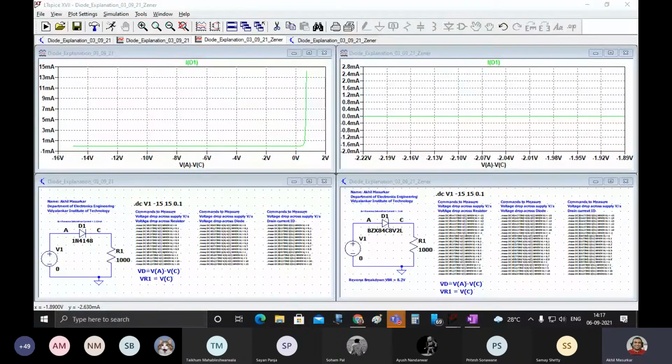Now, the ultimate thing that I want to tell you. Now you can see that there are two different files for Zener and the normal diode. Now I want to plot both these graphs in the same graph. That means I want ID1 as well as ID2 in the same graph.